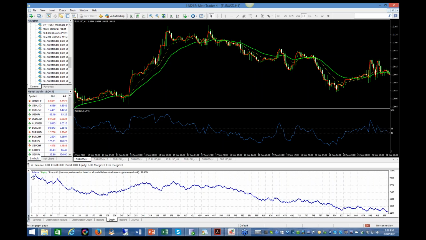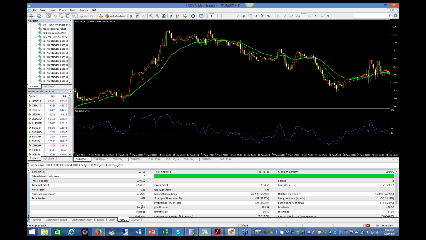We started top left, then we finished bottom right. So obviously, as is, we've lost $5,169. Drawdown was 55% where we are now, and we won about 35% of our trades were correct. We made 930 trades.